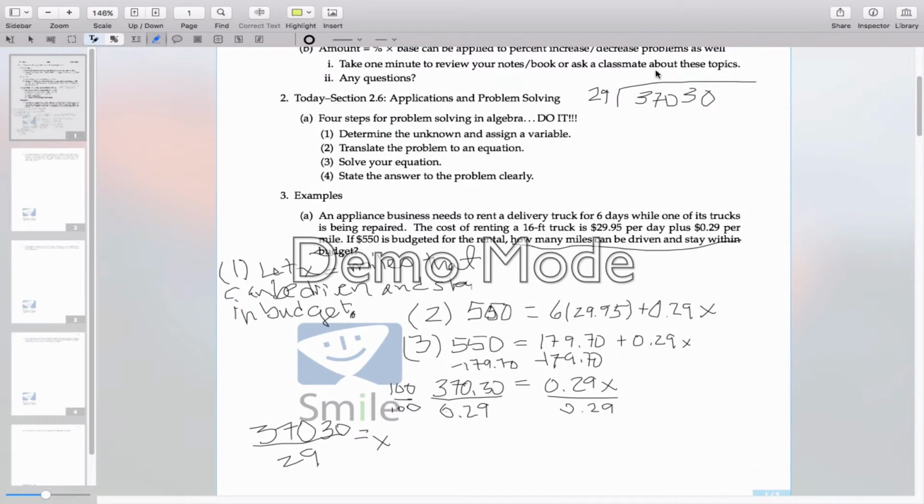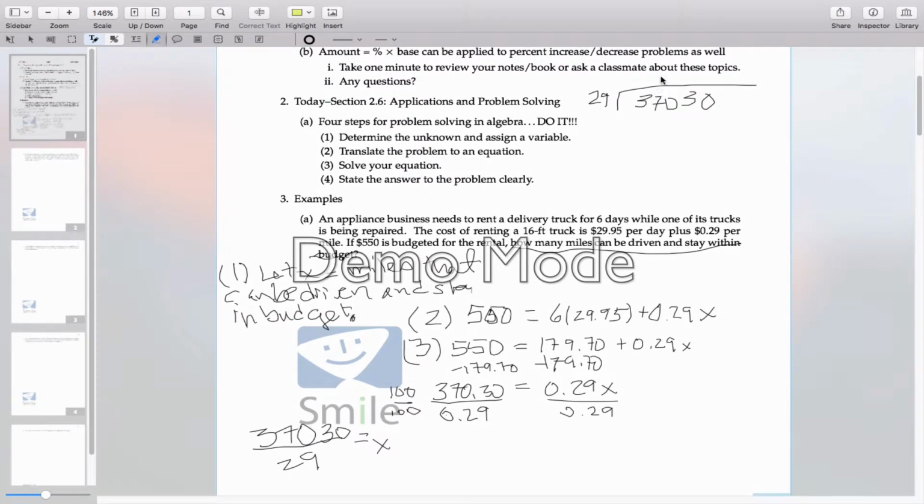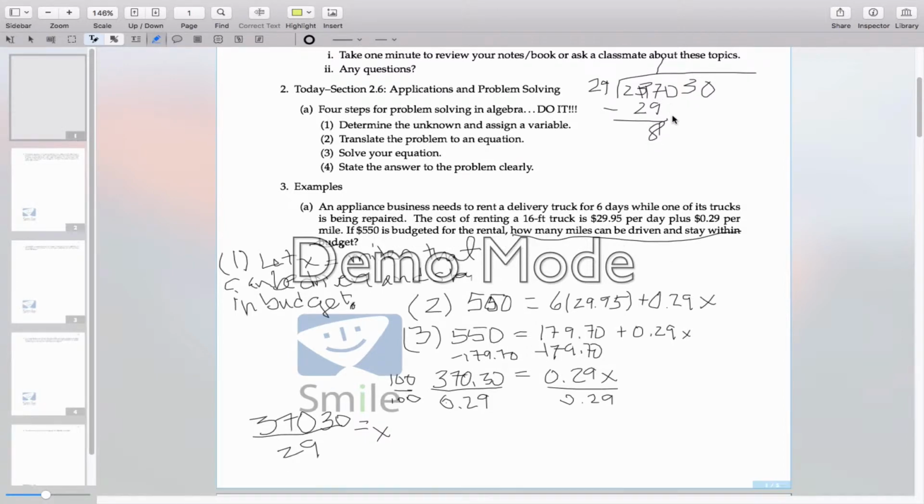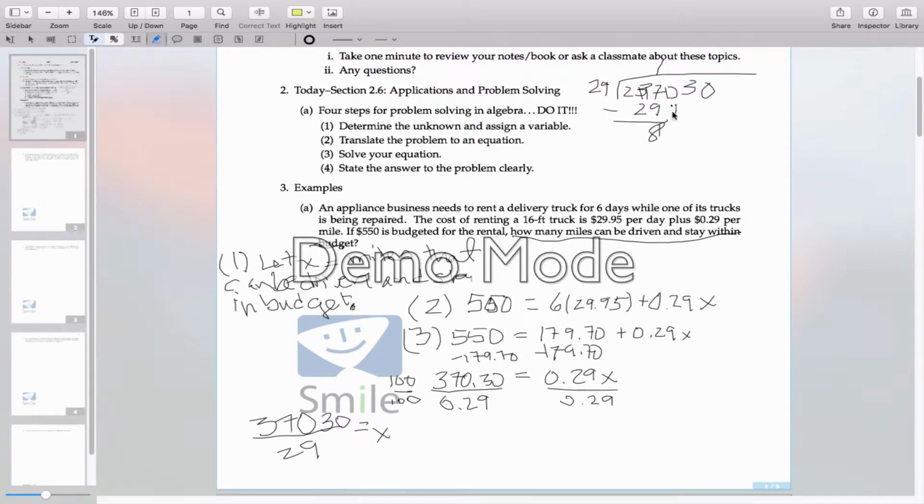Just one. Now I subtract 29. 17 minus 9 is 8. Bring down a 0. 29 times 2 is 58. That's as close as I can get there.